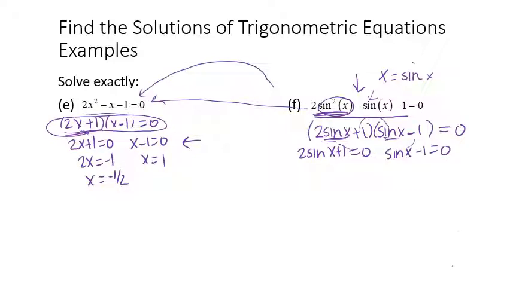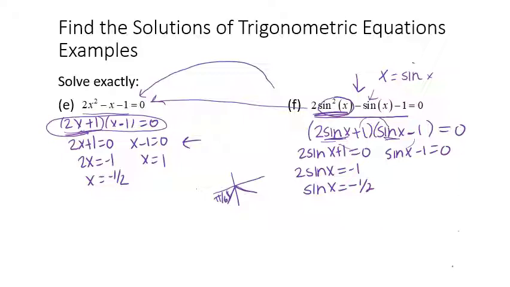and solve for x. Subtract 1 from both sides, divide by 2. In this case, we end up getting sine equals negative 1/2. Well, sine is the y value, so sine is going to be negative here and here. Looking at your cheat sheet, sine is 1/2 with the reference angle of pi/6.